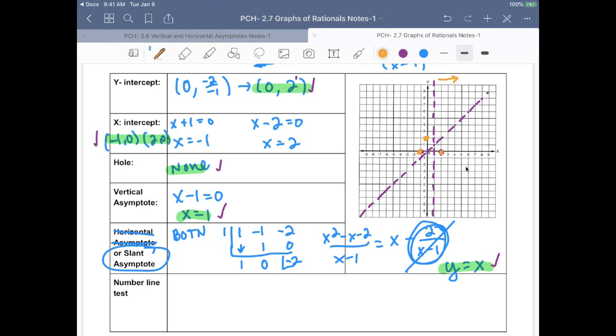The graph gets really close to this slant and then really close to the vertical asymptote. In the part that is to the left of the vertical asymptote, is the graph above or below the asymptote? Well, it is above. So we're going to go up like so. And that is that.